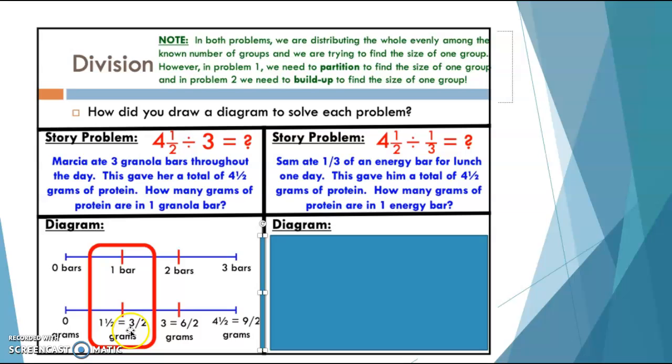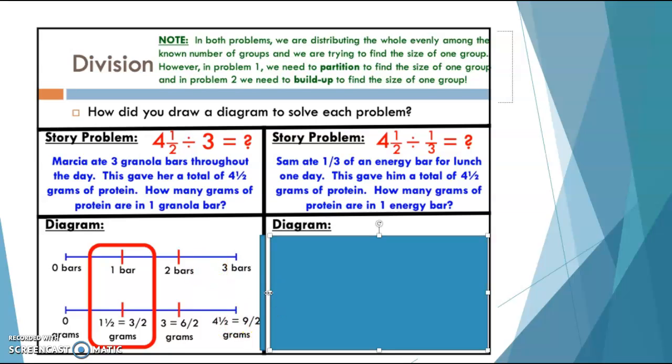Why? 3, 6, 9. 1, 2, 3. Think about how you would explain that to your students. Putting it all together, in story problem 1, we need to partition to find the size of one group.